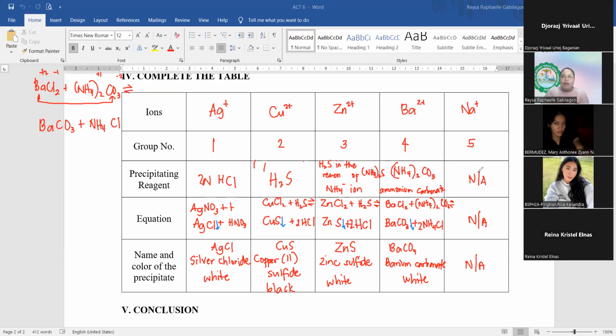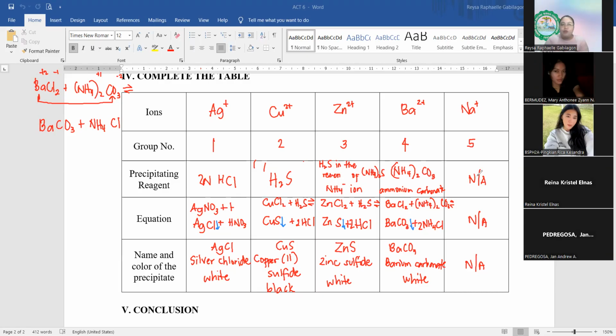Kasi we don't have a common precipitating reagent for sodium and yung mga kasama niya sa group. Si sodium, yung group 5 natin, wala kasi silang precipitating reagent na isa lang talaga. Iba-iba talaga sila ng precipitating reagent. So, group na lang sila as one. Yung mga no reagent group, ang tawag natin sa kanila.